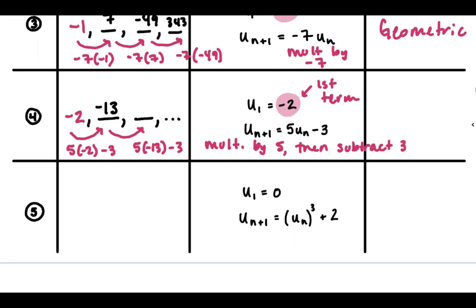What is negative 13 times 5? Negative 65. Then subtract 3, we get negative 68. And you could keep going. For the sequence type, we did two things this time. We multiplied and we subtracted. That means this is not arithmetic and it's not geometric. So this is a neither.